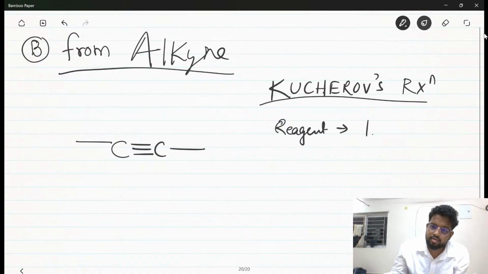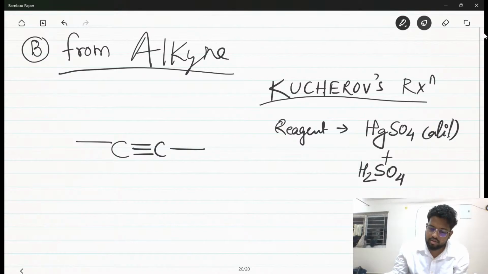This Kucherov reaction has a reagent, dilute HgSO4 plus dilute H2SO4. Or how else will they show this Kucherov reaction?